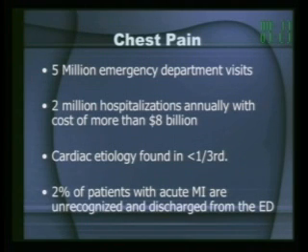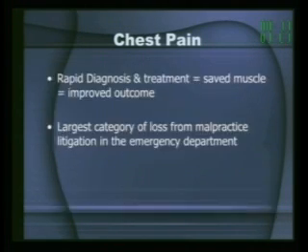Now, this is something which is really disastrous, because as we know, in MI, the most important thing to achieve good outcome is to have early accurate diagnosis and to be able to institute treatment as promptly as possible. So if a diagnosis is missed, it can lead to fatal complications, and it is also therefore the biggest reason for malpractice litigation in the US against the ED doctors.